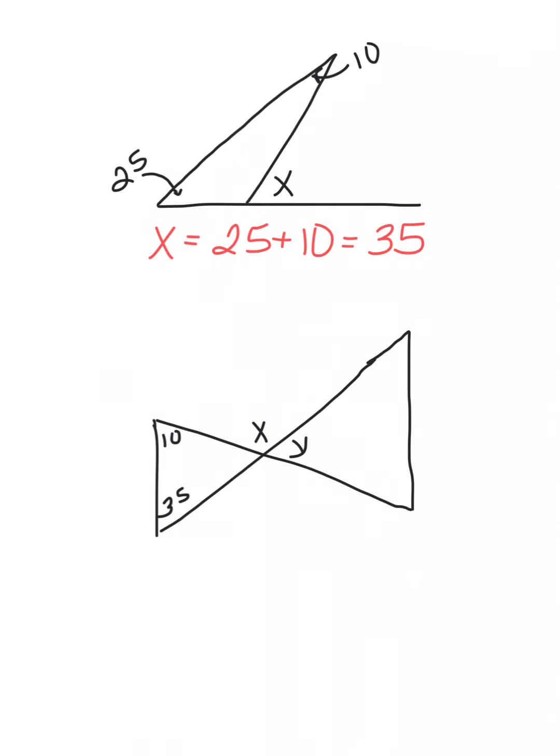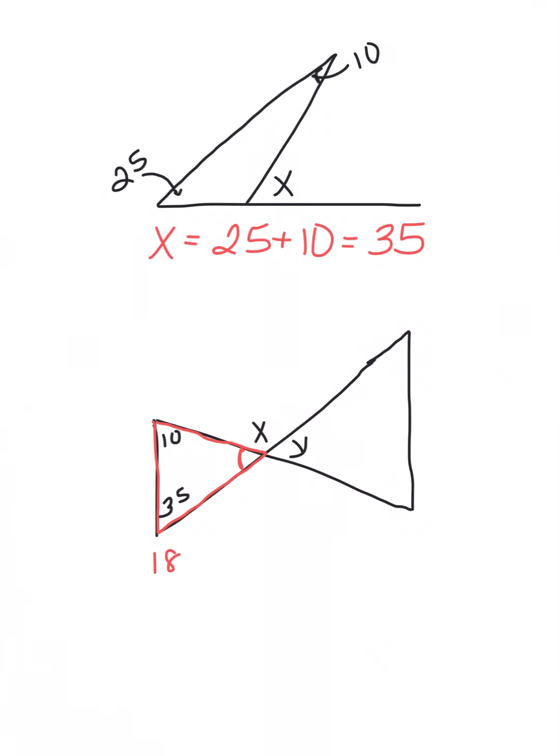And then for the last one, we have to find x and y. So the first thing I'm noticing is that this right here is a triangle. And I'm going to figure out this angle right here before I do anything else. So we know that the angles in a triangle have to add up to 180. Now this is definitely not drawn to scale, I have to say. So I'm going to add 35 and 10 and I get 45.